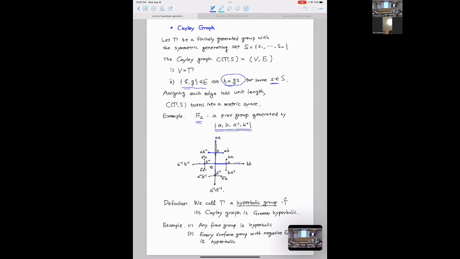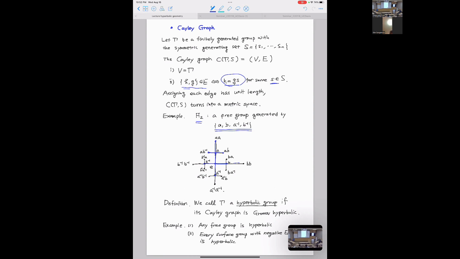If it is, then we call the group a hyperbolic group. For example, any free group is hyperbolic. Actually delta is zero, because the Cayley graph of a rank 2 free group is a tree.